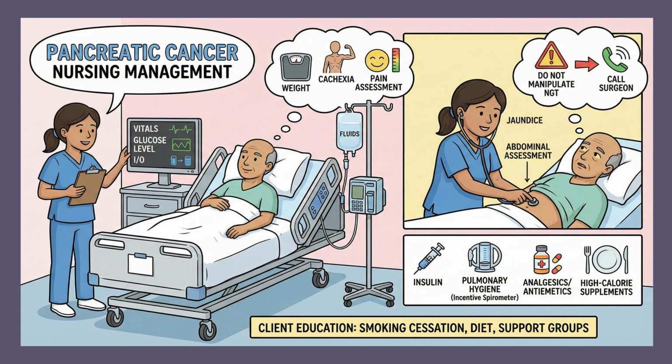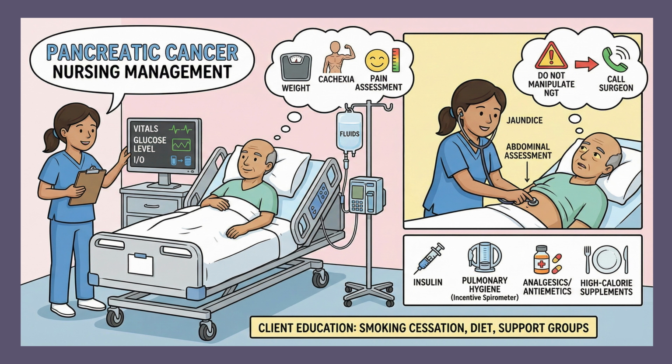Pancreatic cancer nursing management involves comprehensive assessment, including vital signs, fluid intake and output, monitoring for dehydration and ascites, serum glucose levels due to impaired insulin secretion, weight and muscle mass. Cachexia is common.